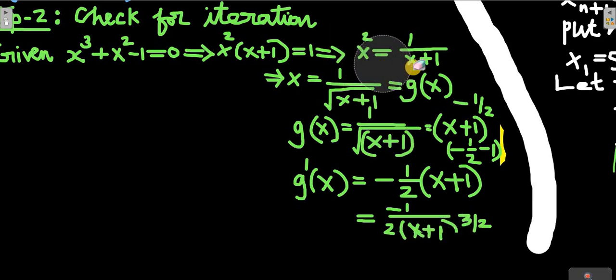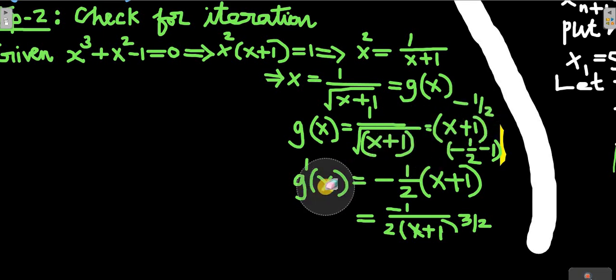Yes, x square can be written like this. Then taking square root both sides we will get this, and this we are taking as g of x. Therefore g of x equals this, and the denominator we can write it as x plus 1 to the power 1 by 2. If you take this to the numerator, you will get this.